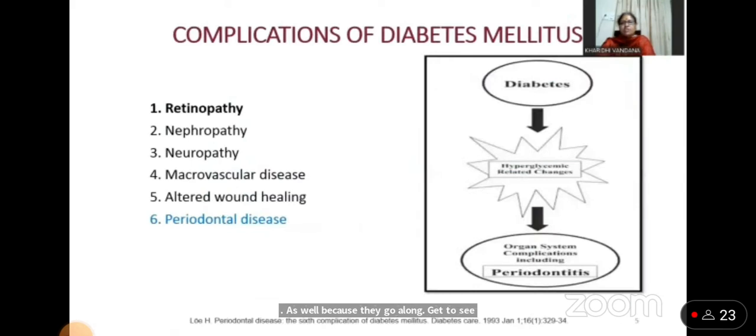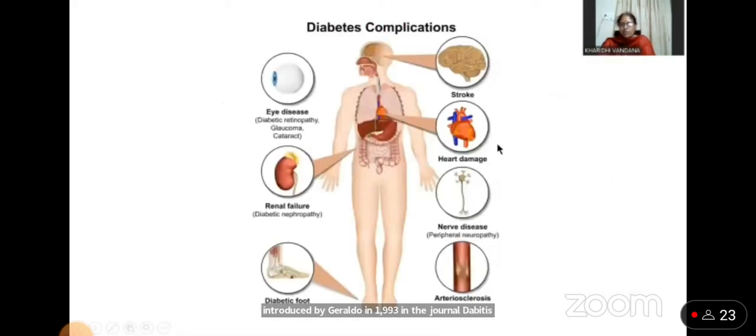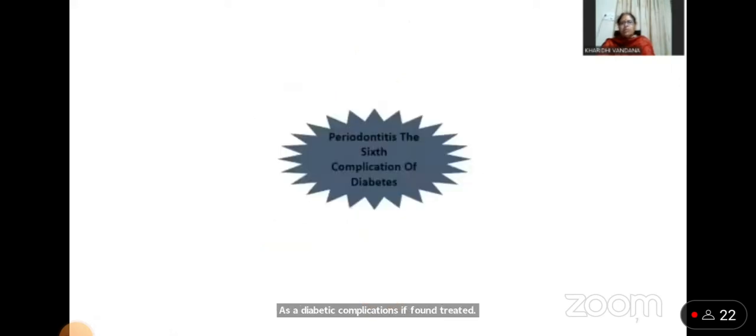Complications of diabetes mellitus: the sixth complication was introduced by Harold Löe in 1993 in the journal Diabetes Care, along with other complications. In this picture, we are able to understand better that from the eye to the toe, various parts of the body are affected as diabetic complications if untreated or uncontrolled.